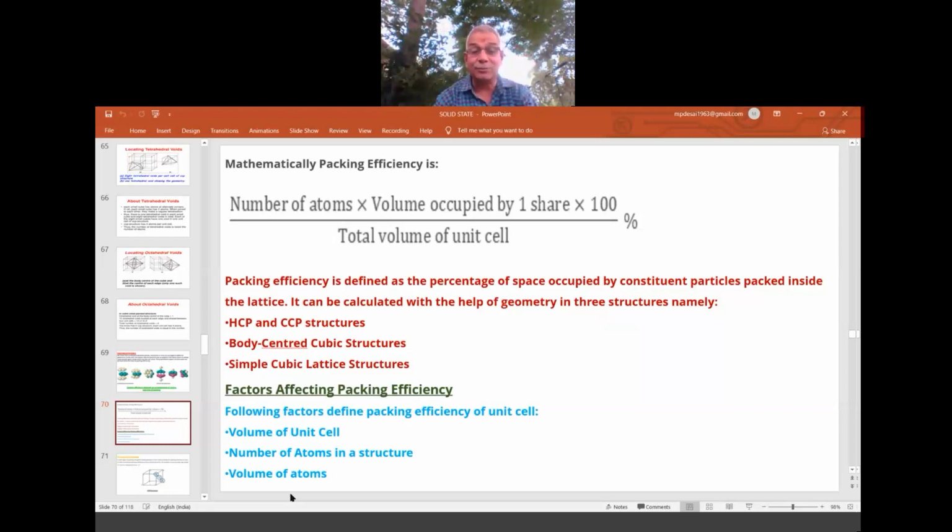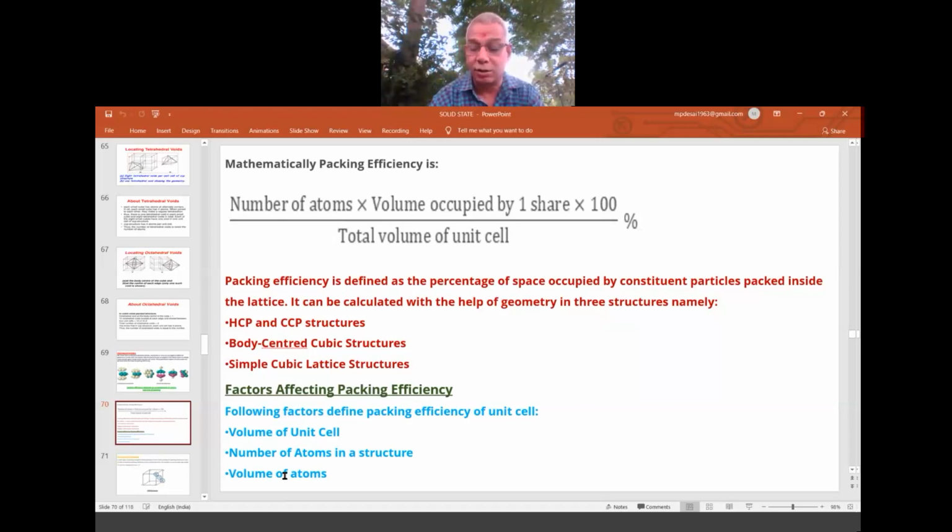Volume of atoms, small or bigger, number and volume, both. First how much space is available, then with what size they are going for packing, and what is the size of that small particle in terms of volume, and number also. All three together will decide the percentage of the packing in that pattern. That is called packing efficiency.